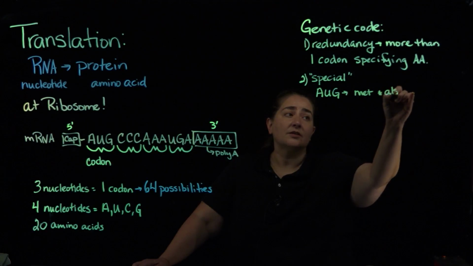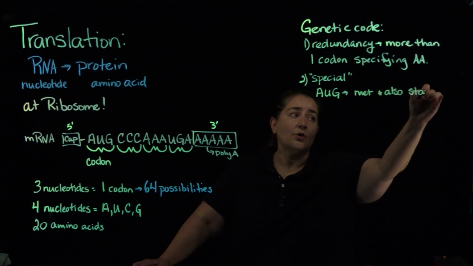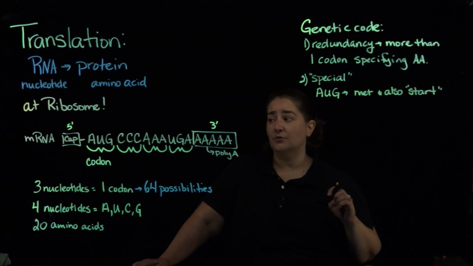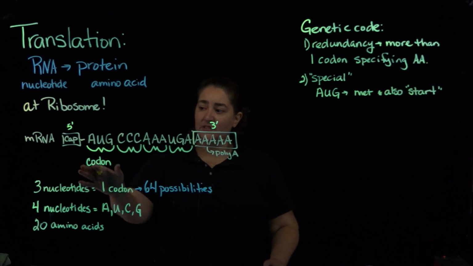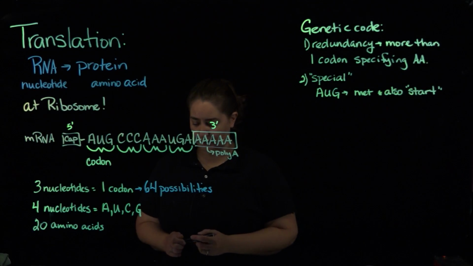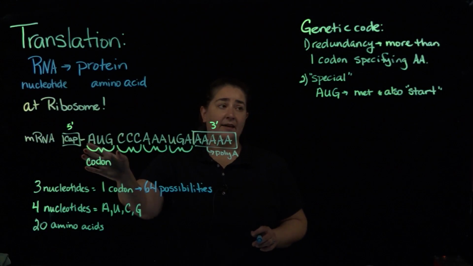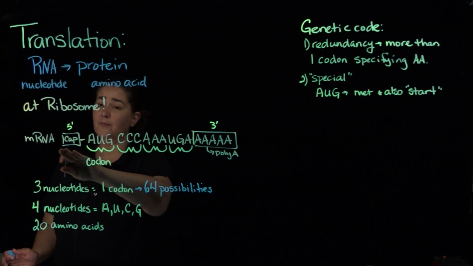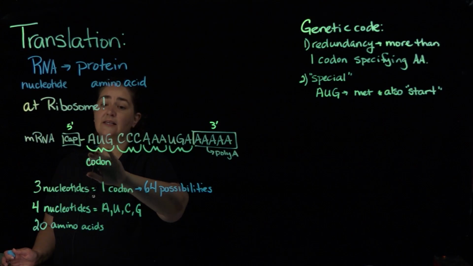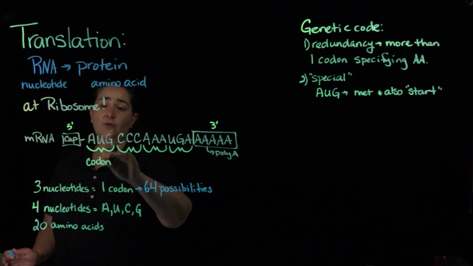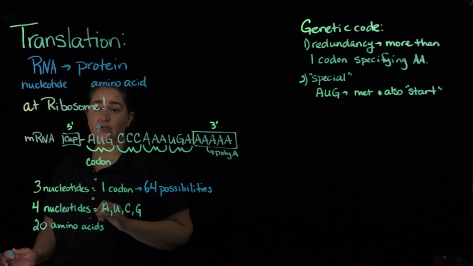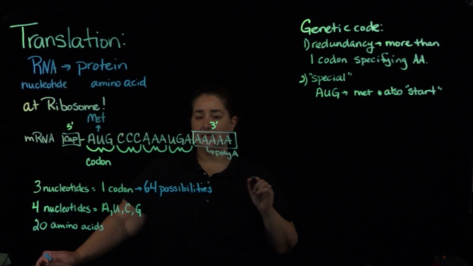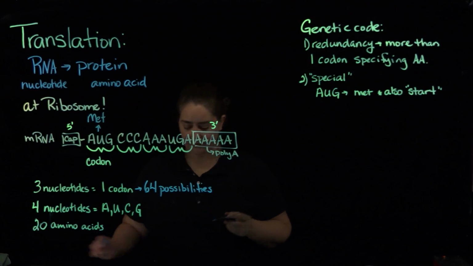But this is also where the ribosome knows it needs to start building a protein. Okay? So if you notice here with my first codon that I put in, I have the sequence AUG. Okay? Because it's going to read that information in the cap. The cap won't have an AUG sequence. When it reaches that first AUG codon, that signals the start of translation. And that'll insert our first amino acid. That'll insert our methionine. Okay?